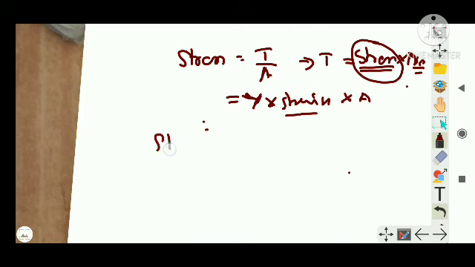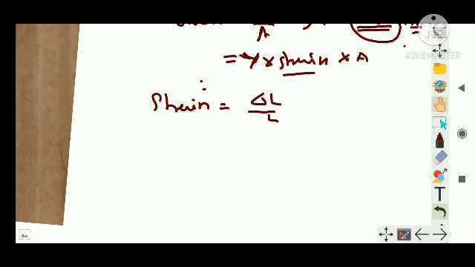Strain is change in length by original length, right? Here the ring is a circle, so the change is happening in circumference. Initially the length is 2 pi r.